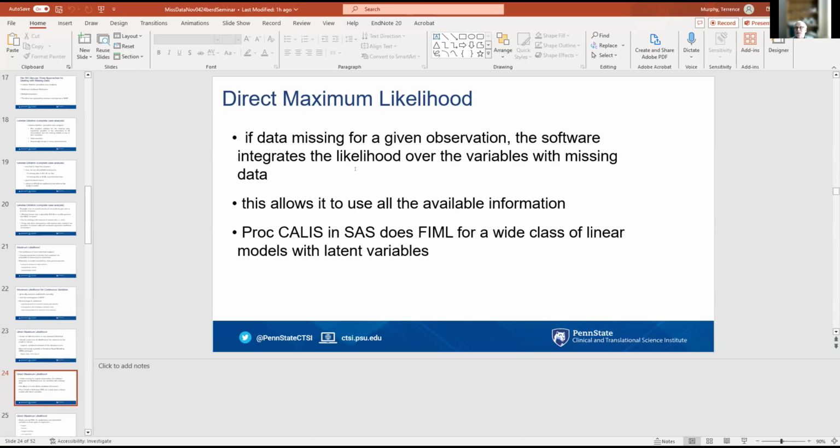So this allows it to use all the available information, which you may recall we said was one of the criteria that we'd like to see in any approach that rigorously addresses missing data. So proc CALIS in SAS does full information maximum likelihood for a wide class of linear models with latent variables. Latent variables are part and parcel of structural equation modeling and very much the bread and butter of psychologists and social scientists.